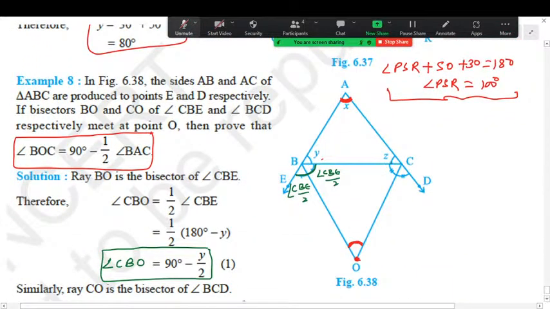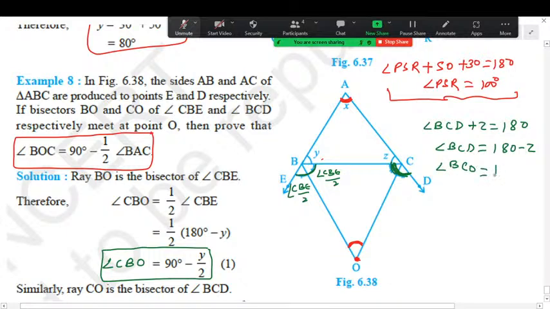You just tell me this entire angle, what is it? BCD. BCD and Z must sum to 180 because they are a linear pair. That's why BCD must be 180 minus Z. Now, if I ask you to tell me BCO, what will you do?